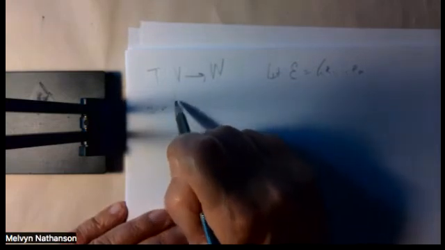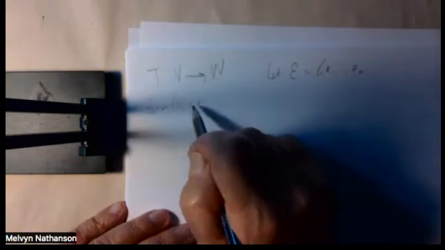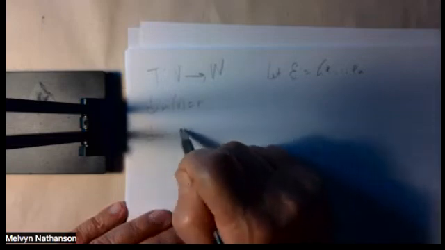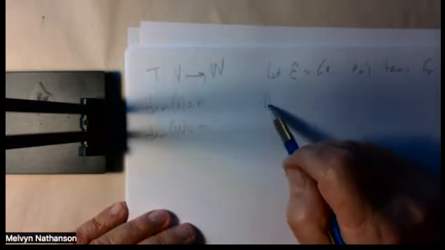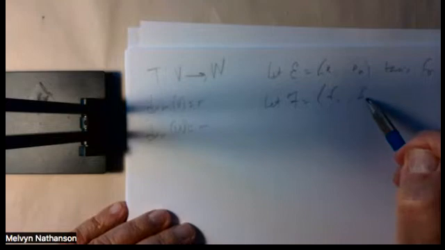So these are different vector spaces, so they don't have the same dimensions. Let's say the dimension of V is N and the dimension of W is M. So E1 up to En is going to be a basis for V, and let F1 up to Fm be a basis for W.